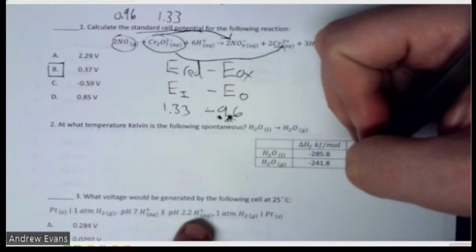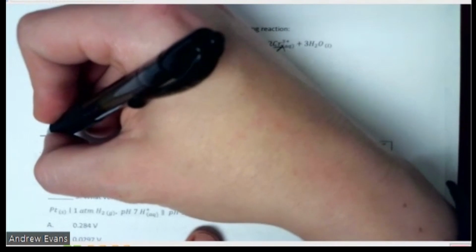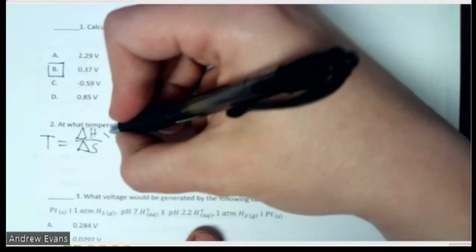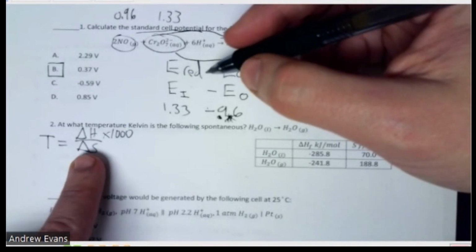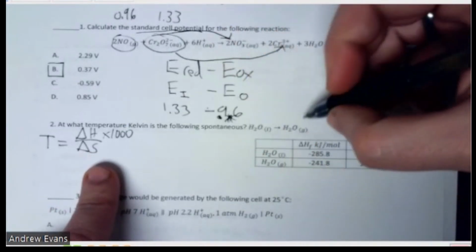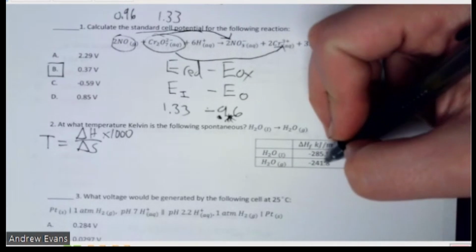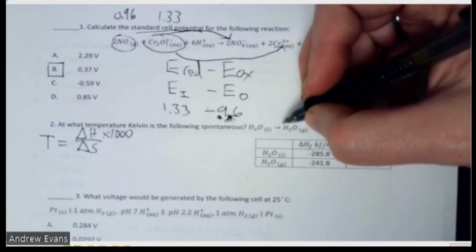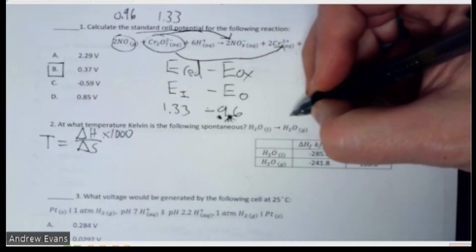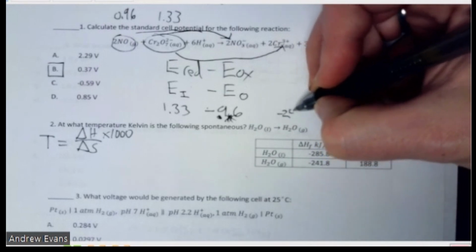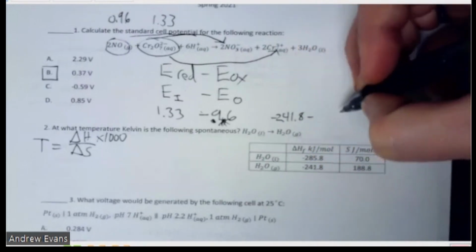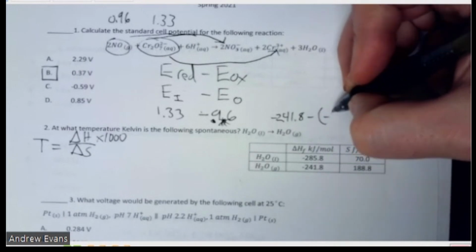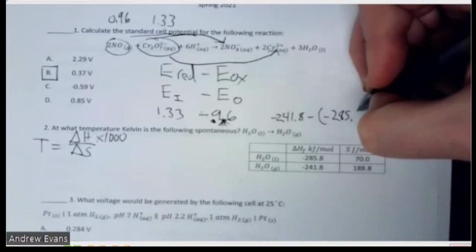What temperature is this spontaneous? The temperature at which the sign is spontaneous is T equals delta H over delta S times 1,000 to turn kilojoules into joules. This reaction, delta H, difference between those two numbers, negative 241.8 minus a negative 285.8.